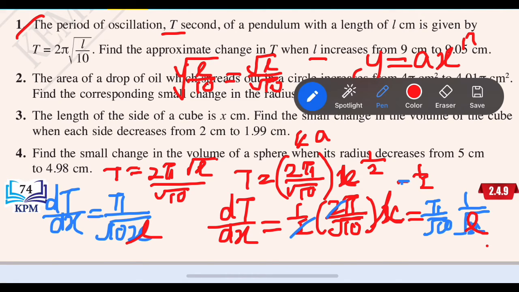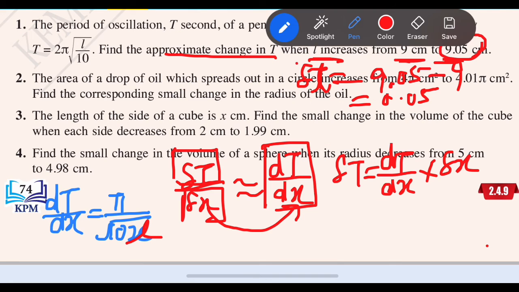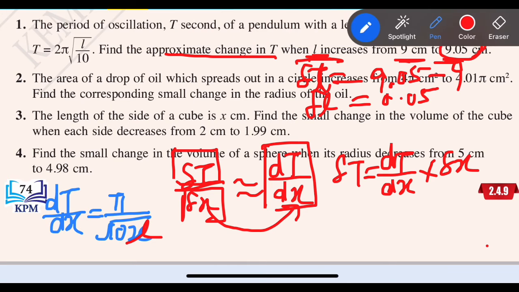Originally the length L is 9, and then it increased to 9.05. So from there you can find delta L. Delta L is 0.05. You just take 9.05 minus 9, the value after changes minus the original value.